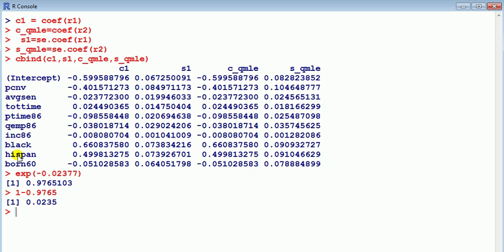Recall that for indicator variables, if we have k categories, we use k minus 1 dummies if we include the intercept, which is the case here. The interpretation of the coefficients compares the number of times arrested in the year 1986 of each of these ethnicities compared to white, the reference category. So let's do Hispanic.